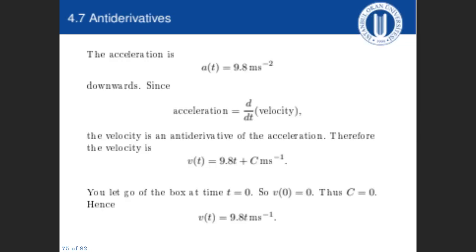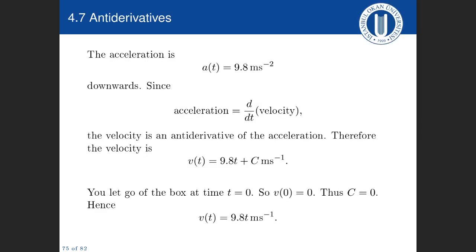But wait a minute, the question said that you drop the box. So at time t equal to 0, when you let go of the box, the velocity is 0. So if we have 0 is equal to 0 plus c, that tells us that c must be 0. So the velocity of the box must be 9.8 t meters per second.